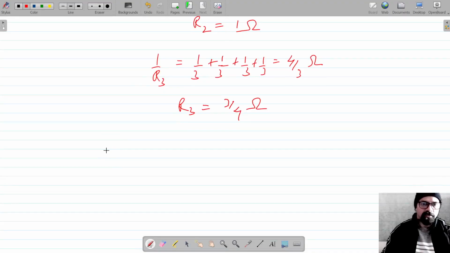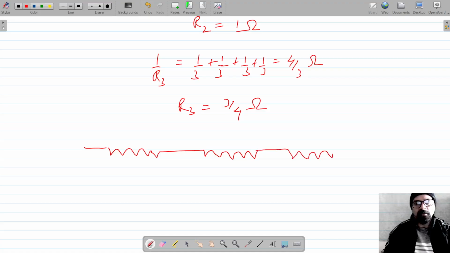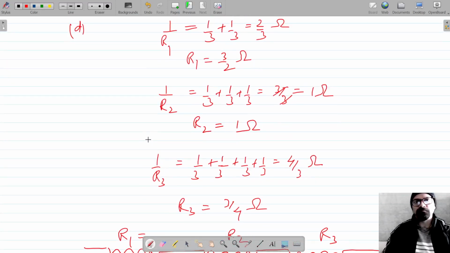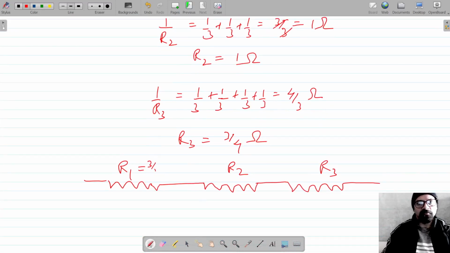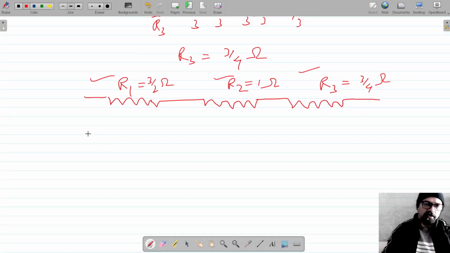Now we have our circuit like this. This is R1, this is R2, this is R1, this is R2, and this is R3. R1 is 3 by 2 ohm, R2 is 1 ohm, and R3 is 3 by 4 ohm. Now all these are connected in series, so the total resistance of the circuit is the sum of R1 plus R2 plus R3.